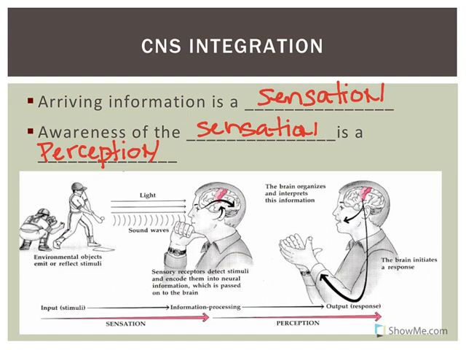So I'll give you another example between sensation and perception. Light itself is a sensation, but your brain interpreting it as blue, a color, like red, that's perception. Or another example would be a smell.